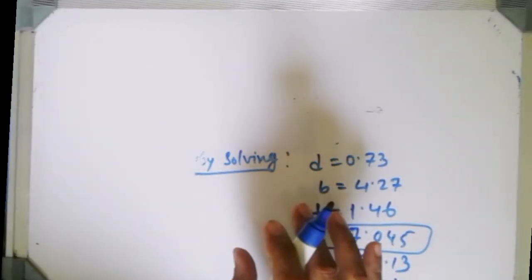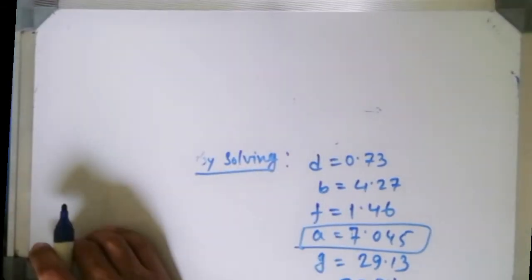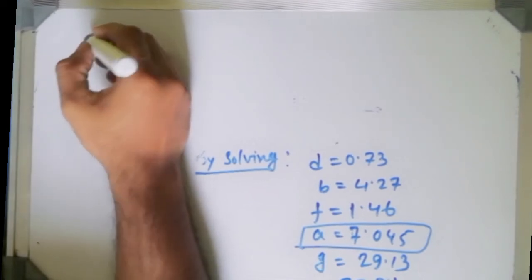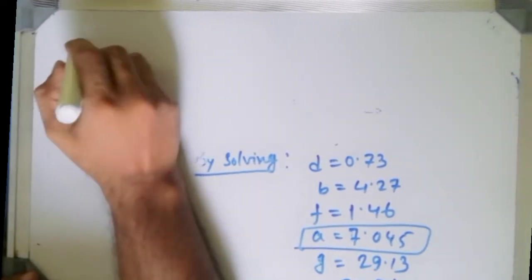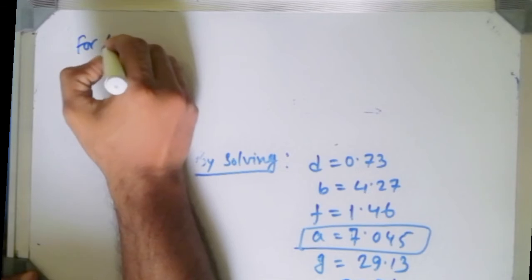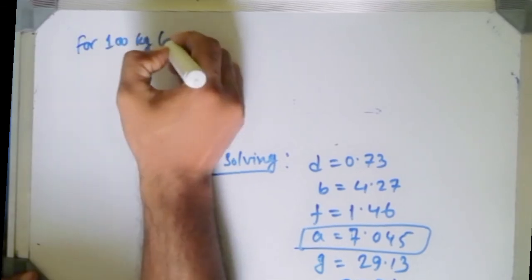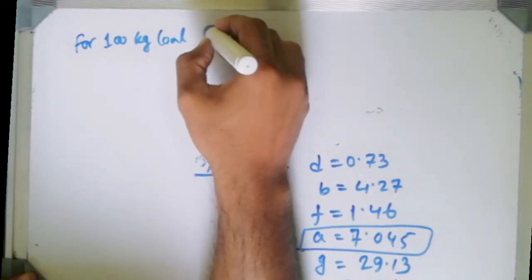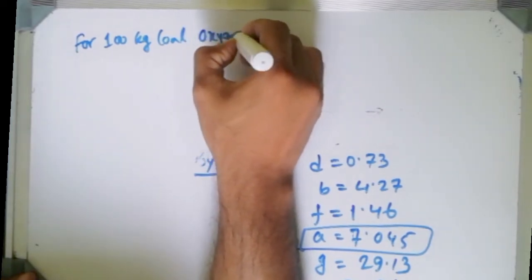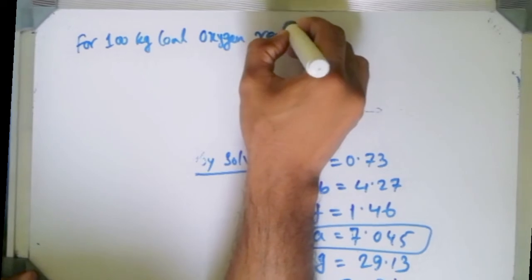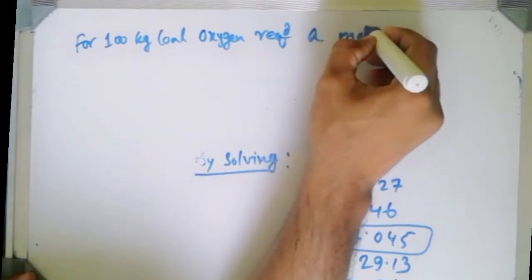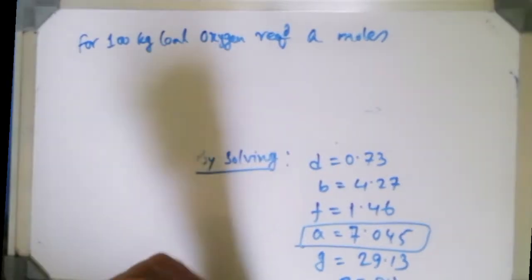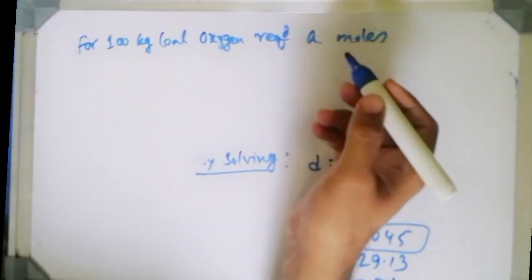For 100 kg of coal, the oxygen required we assumed is A moles. We assumed that to combust 100 kg of coal we need to supply A moles of oxygen. So for 1 kg of coal, we have to convert it to 1 kg. That's why 1 kg is coming repeatedly. A by 100 moles.